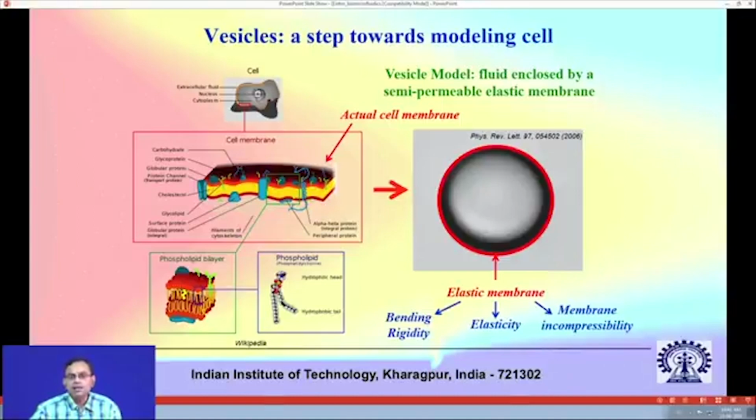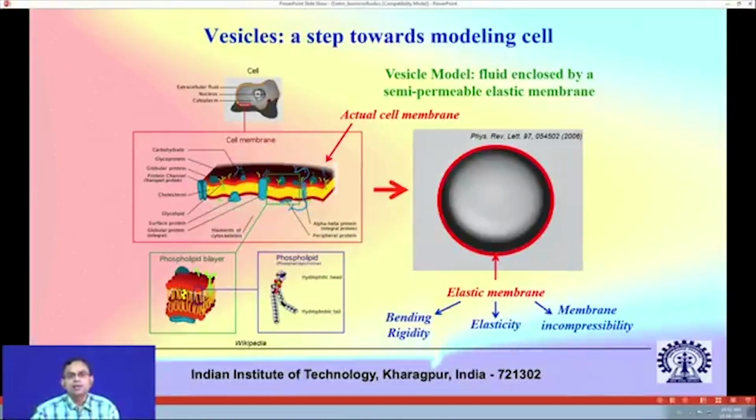A vesicle is like a balloon filled with water. A vesicle has a membrane, and therefore it is a membrane-fluid interface that forms the interface of a vesicle, unlike the fluid interface of a droplet.